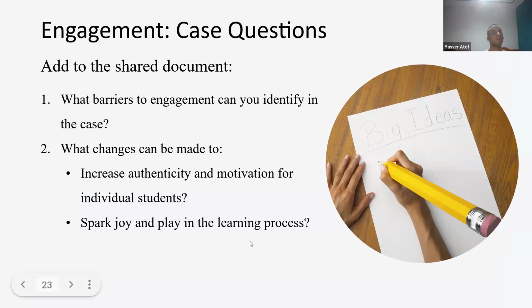What barriers to engagement can we identify in any case? If you've chosen the business case, think about that. If you've chosen the other couple of cases, think about that also. What changes can we make? And how can we increase authenticity and motivation for students?